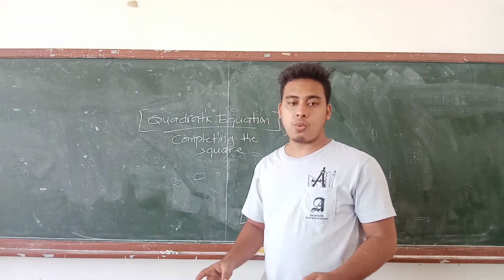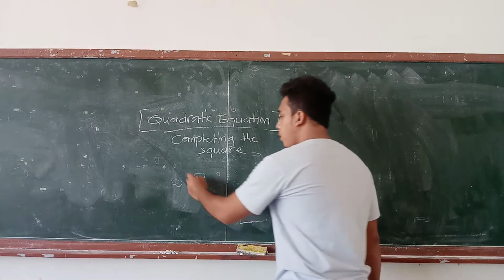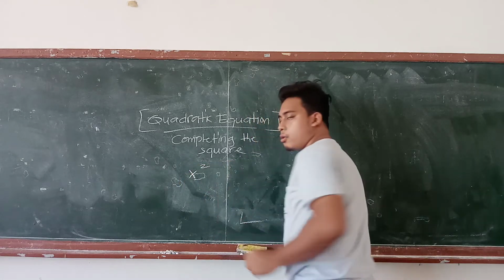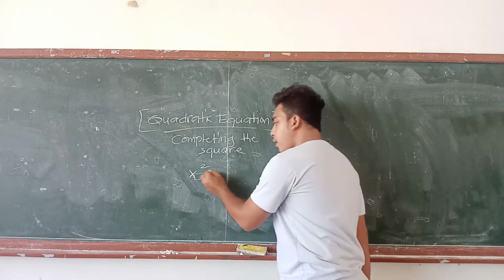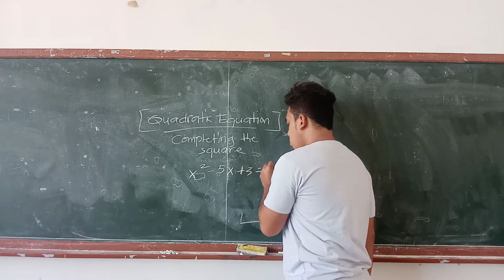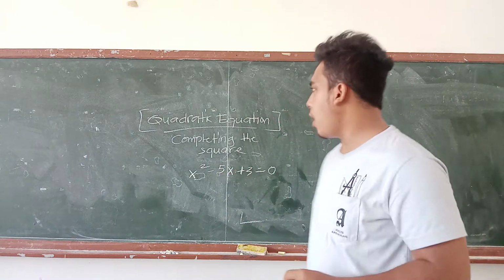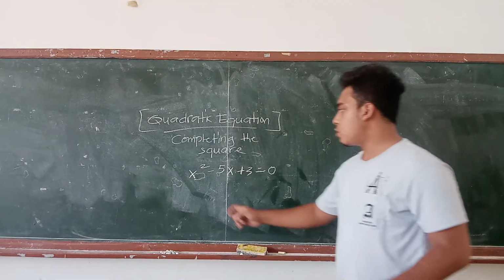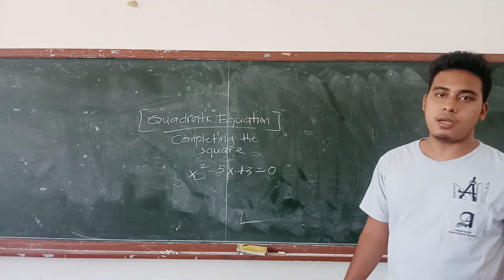That is completing the square. For example, we have this x squared minus 5x plus 3 equals 0.